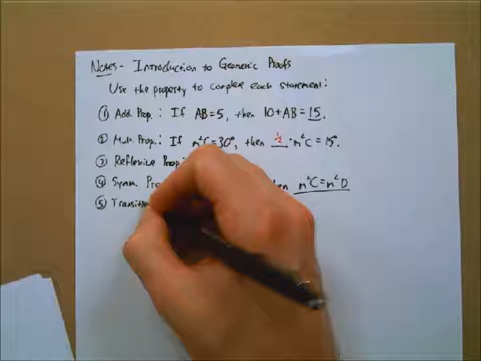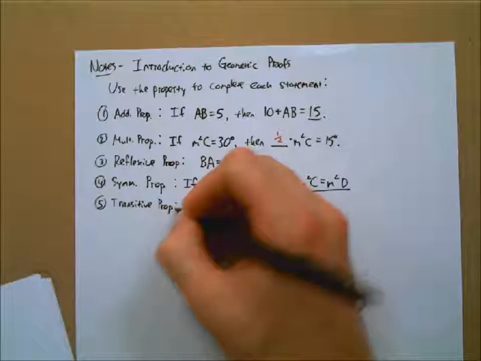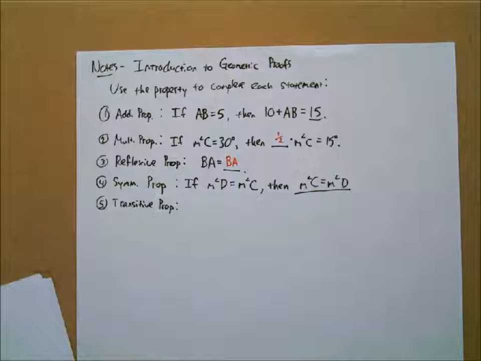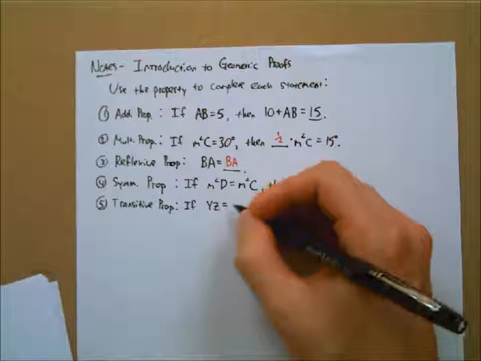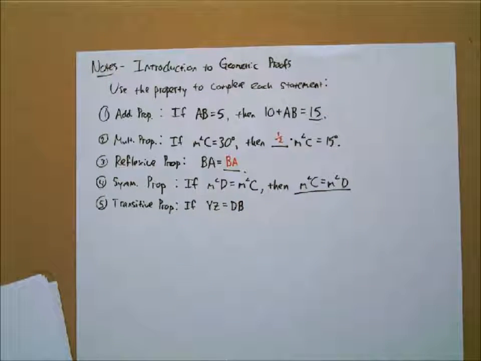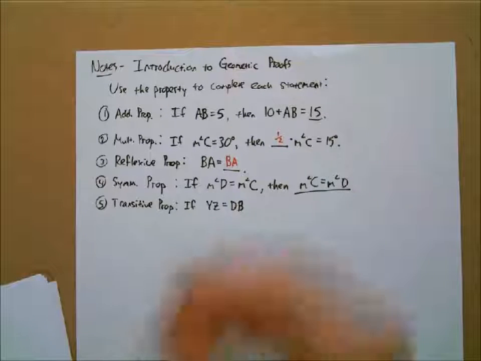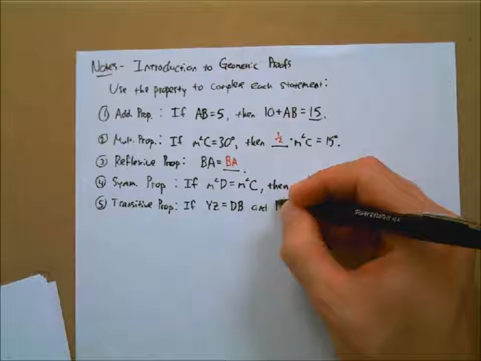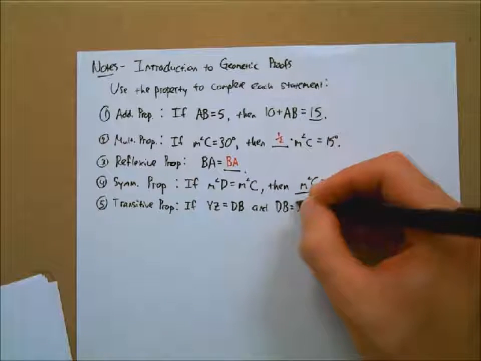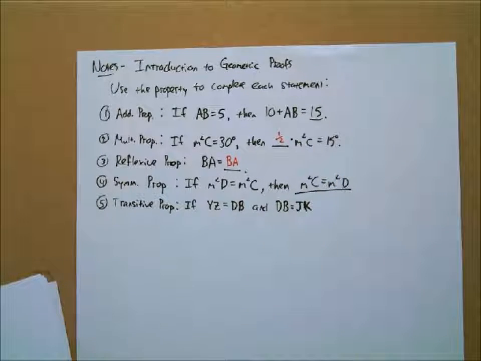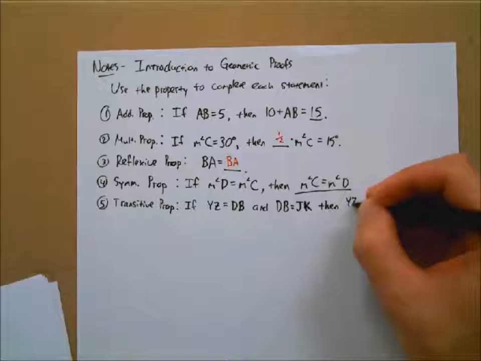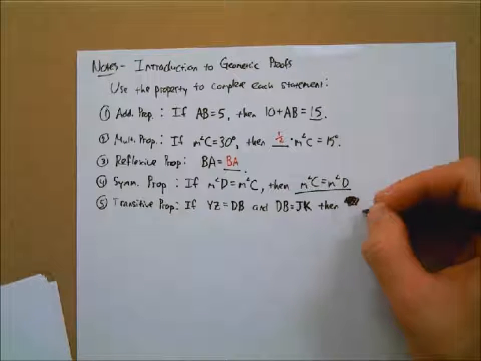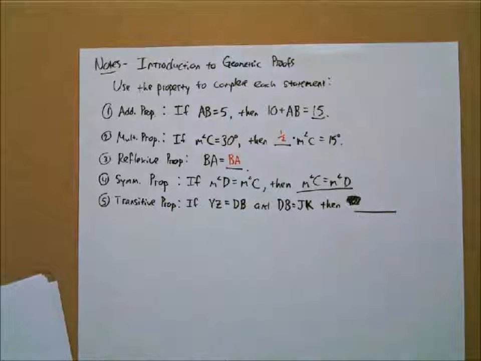Okay, transitive property. If YZ equals DB, so if the measure of segment YZ equals the measure of segment DB, and the measure of DB is equal to the measure of JK, then what must be true using the transitive property here?